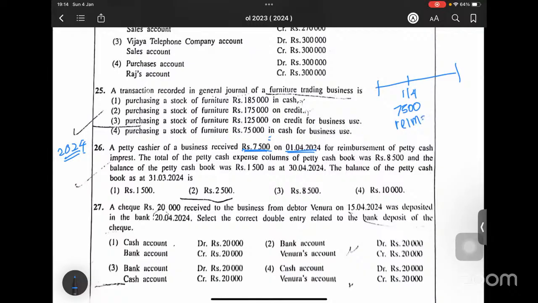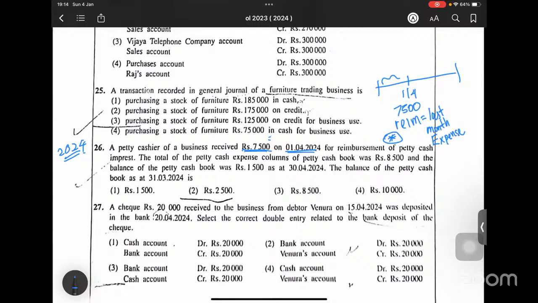Reimbursement means it is equal to the last month's expense. Note this down, this is very important. Reimburse means last month's expense will be reimbursed. So last month's expense was 7,500 of petty cash.